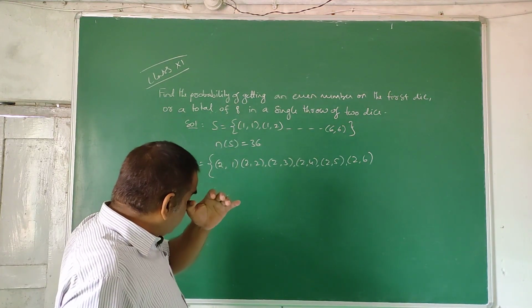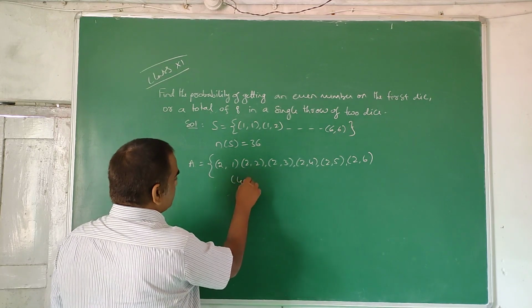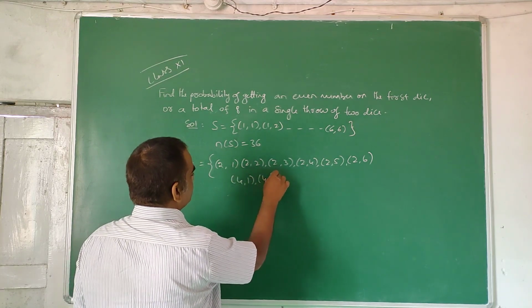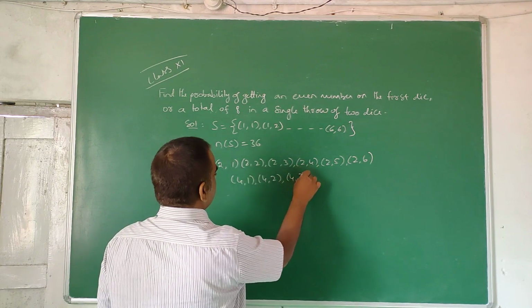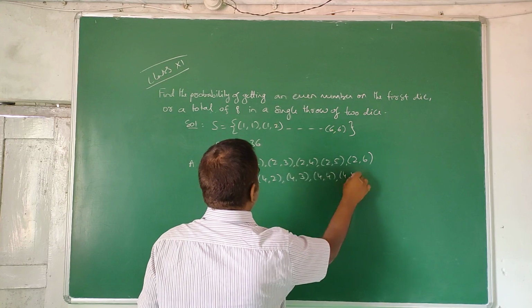Next even number 4: 4,1; 4,2; 4,3; 4,4; 4,5; 4,6.